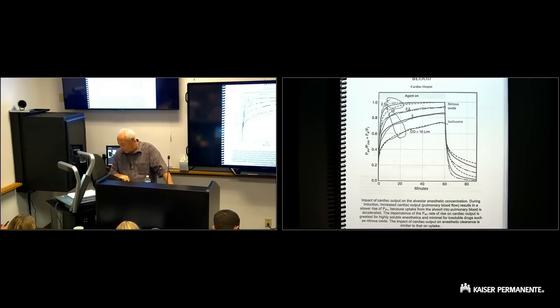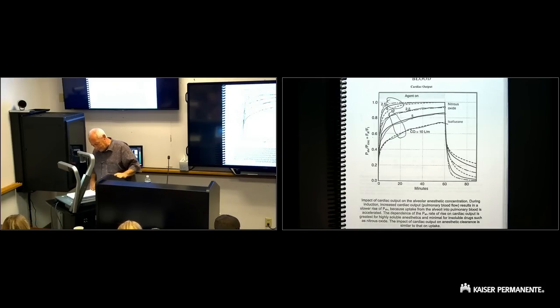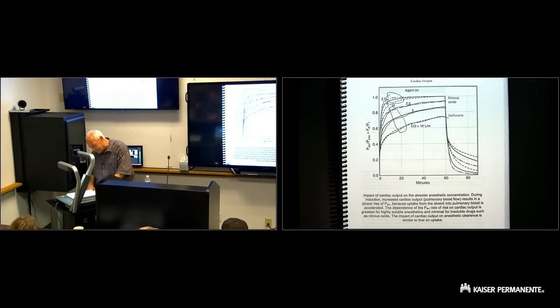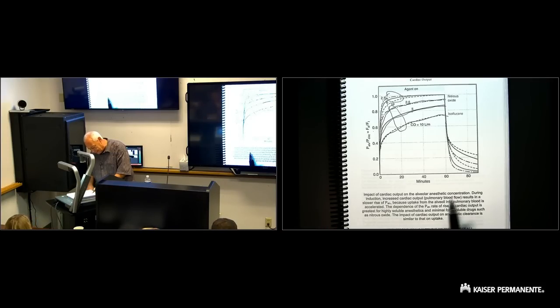So, let's read what the folks say. The impact of cardiac output on the alveolar anesthetic concentration. This is another one of those A and B ones. There's two parts to this. During induction, increased cardiac output, pulmonary blood flow, results in a slower rise in the alveolar concentration because uptake from the alveoli into the pulmonary blood is accelerated.